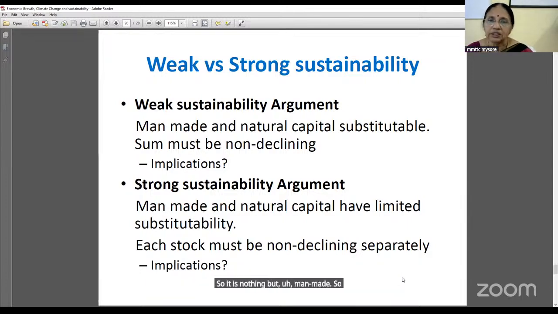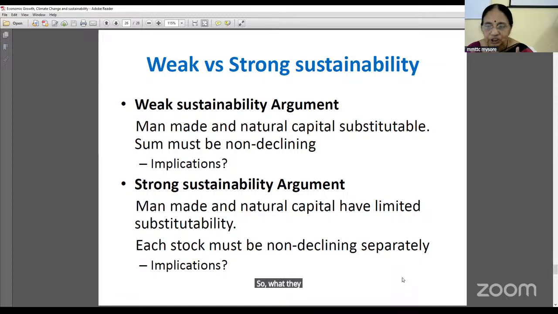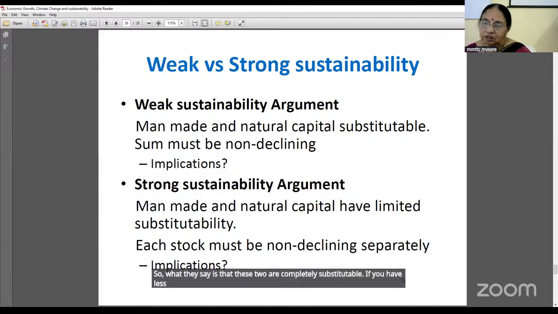So those who believe in substitutability between man-made capital and natural capital say that these two are completely substitutable. If you have less natural capital, it is okay. If you have more man-made capital, it can substitute for the shortfall of natural capital. So what are the implications of this argument?